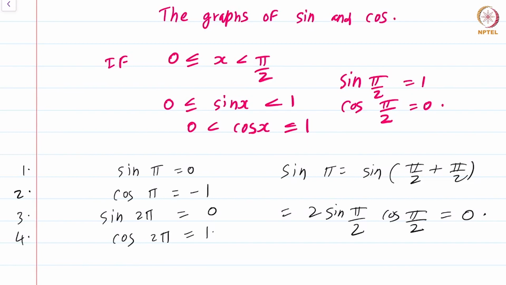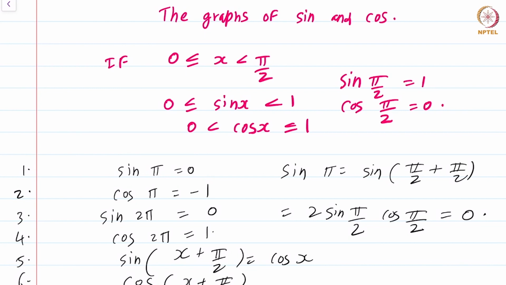Also we have some more identities which I'm just going to list and leave you to prove. They are all familiar identities that you have seen in high school and the proofs are exactly the same. So we have sine of x plus pi by 2 is cos x. We have cos of x plus pi by 2 is equal to minus sine x.